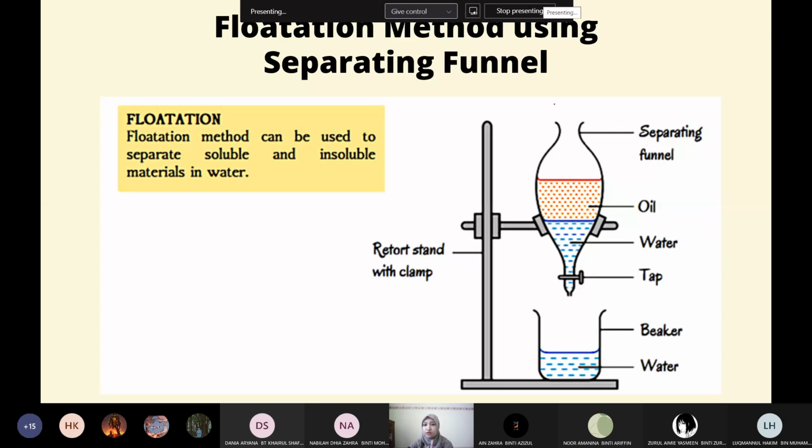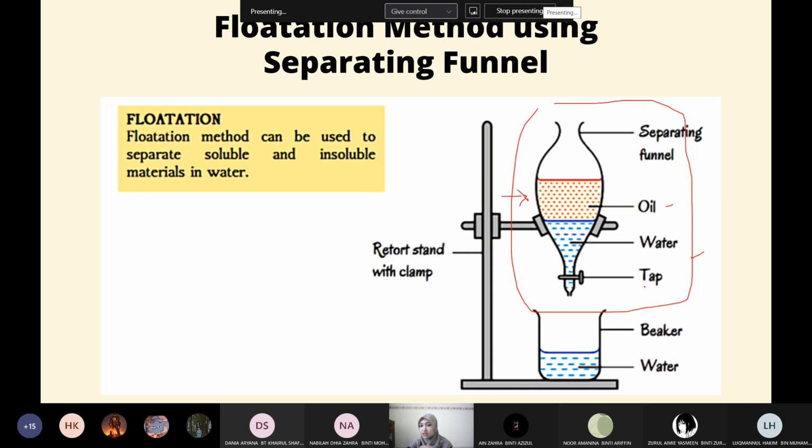So in this separating funnel, we have a mixture of oil and water. Oil is on the top of water because it has lower density than water, so dia akan berada di atas lah, float on the surface of water, and water dekat bawah ni at the bottom.